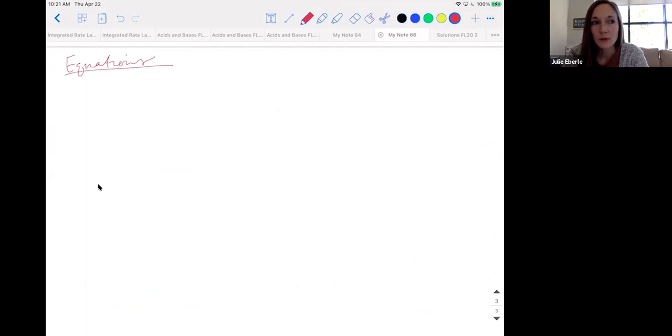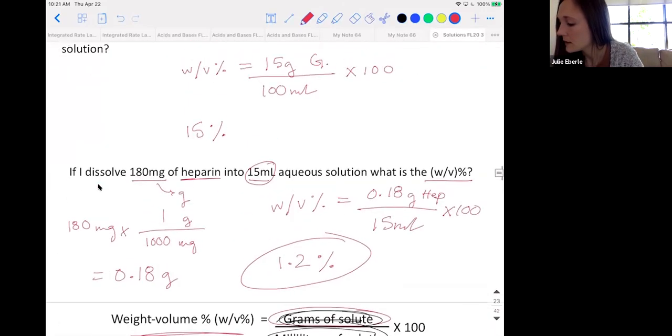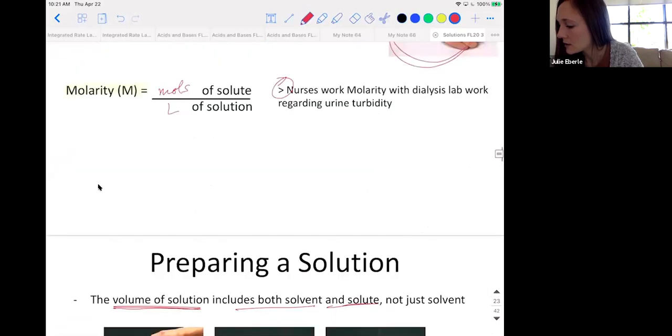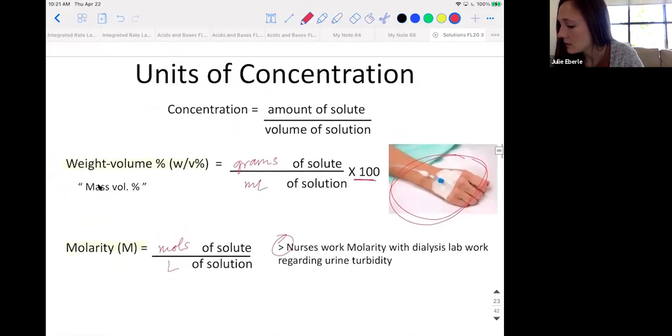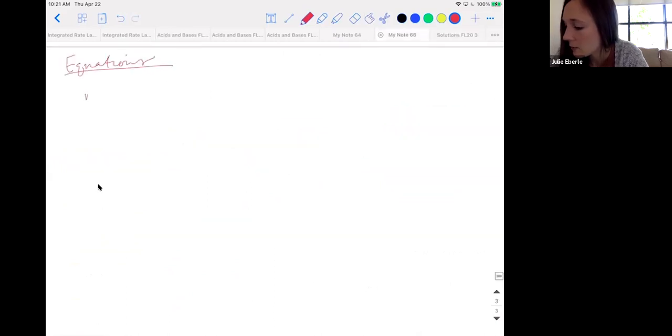So we started with solutions. I'm actually going to just scroll through. I'm sorry, I hate scrolling this much because I know it's hard for y'all to watch. Well, here are two equations: weight/volume percent, and molarity. With weight/volume percent, or like with the Listerine problem, it could be volume per volume, but it's the same equation: grams of your solute.